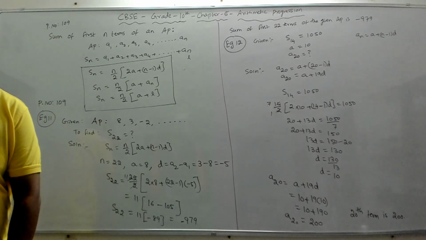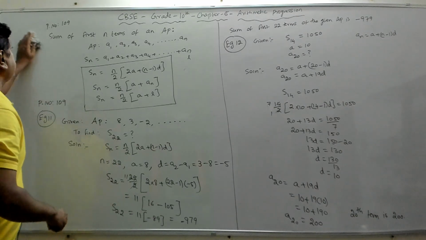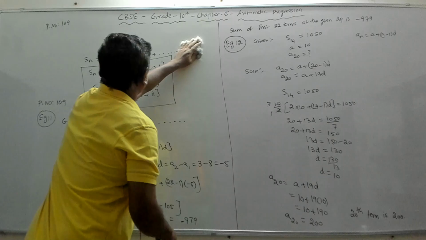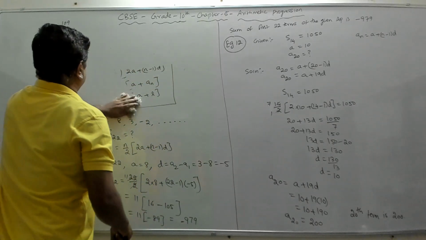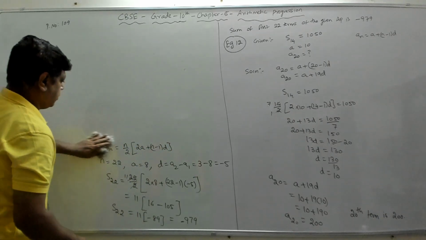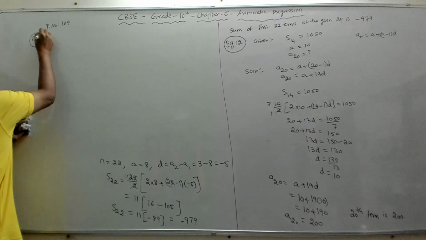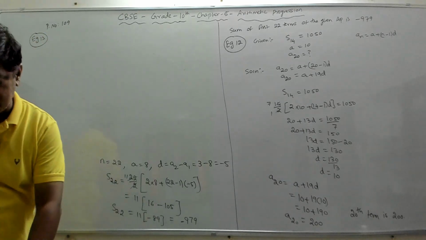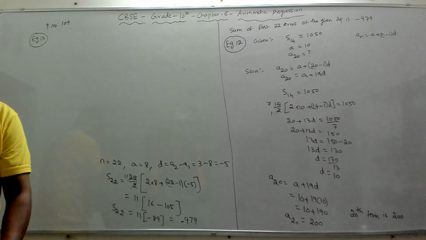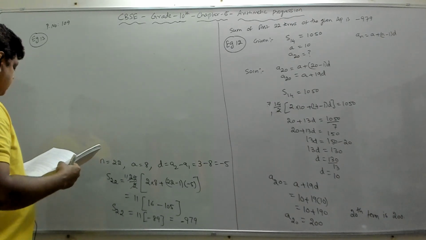12th question. Now let's go to the 13th one. I'm erasing this. So example 13. What is given in example 13 is: how many terms of the AP must be taken so that their sum is 78?